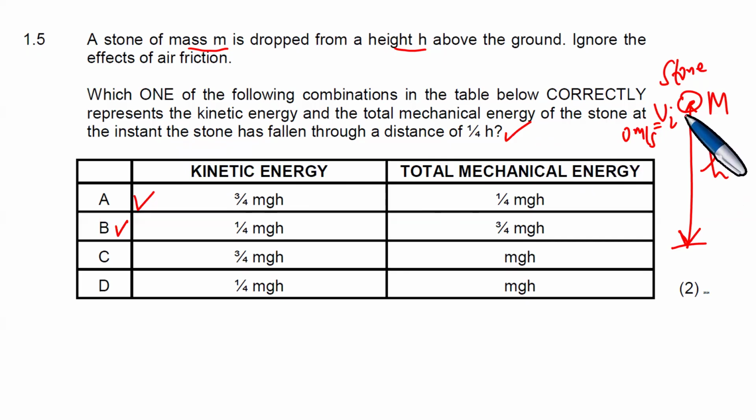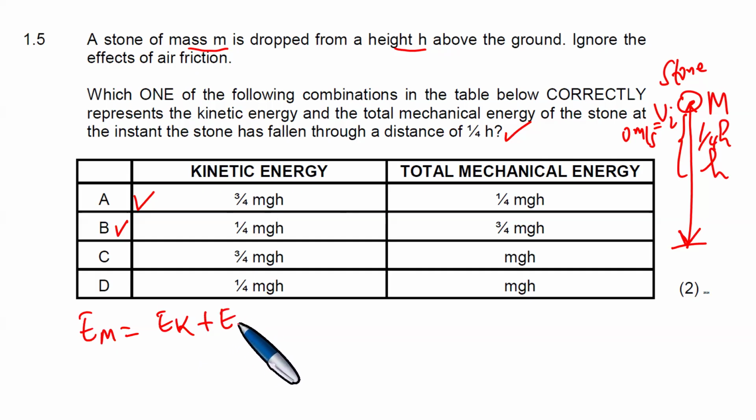If it has fallen only 1/4 of the height, it means a couple of things. The total mechanical energy is actually the same as EK plus EP at any given point, which is mgh.